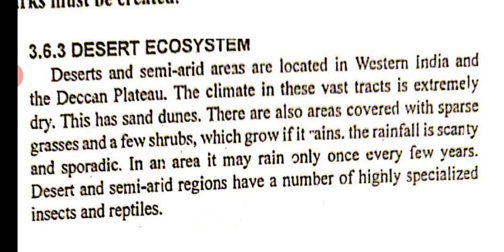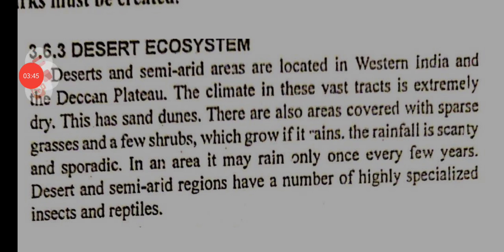You'll find a lot of camels in the desert ecosystem, as they have adapted themselves so they can go without water for a long time, not like other animals. So this was about the desert ecosystem which is available in western India as well as the Deccan Plateau.